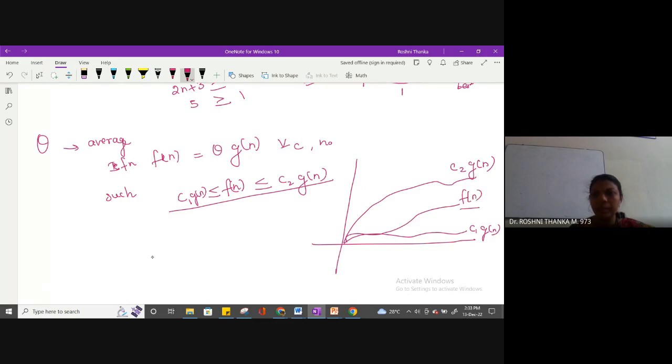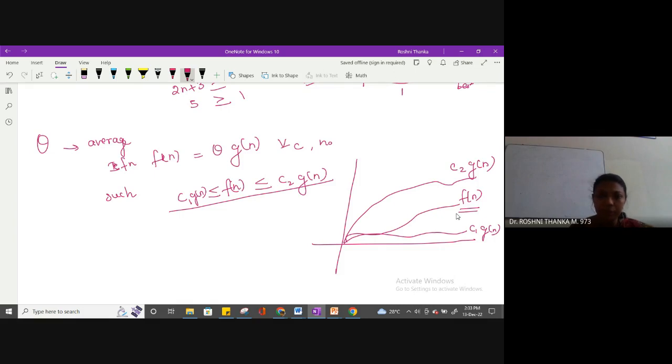So we have to make sure that this function is in the average place: f of n should be greater than c1 into g of n, and f of n should be less than c2 into g of n, in between the best case and the worst case.